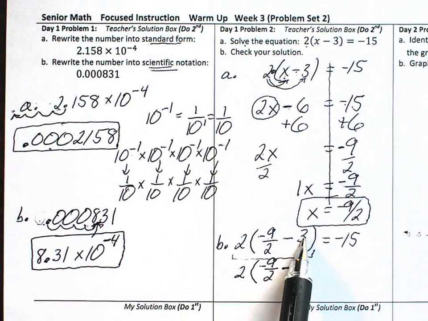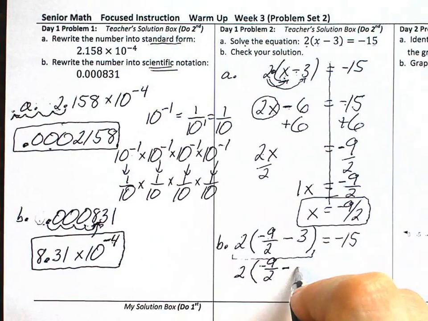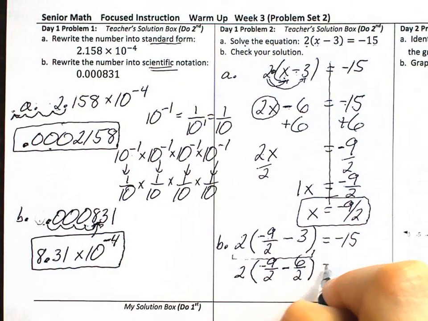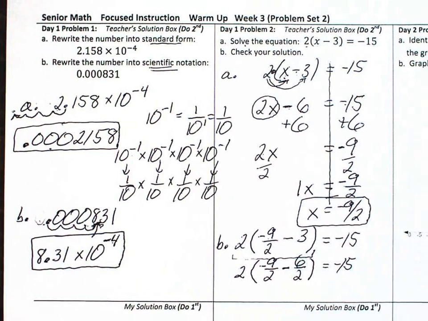How about changing the whole number 3 into a fractional version that's still equal to 3, but it's a fraction that has a denominator of 2? Then we'll have common denominators and can do the subtraction. So the whole number 3 is equivalent to 6 over 2, 6 halves. Does that equal to negative 15, we're wondering?